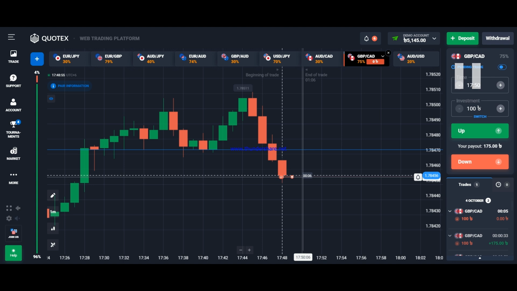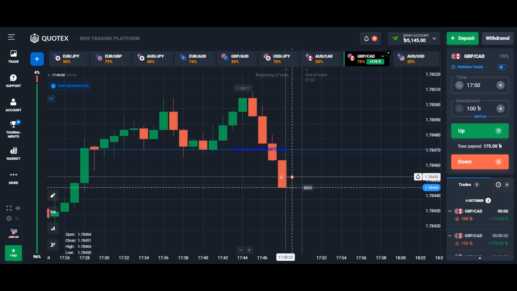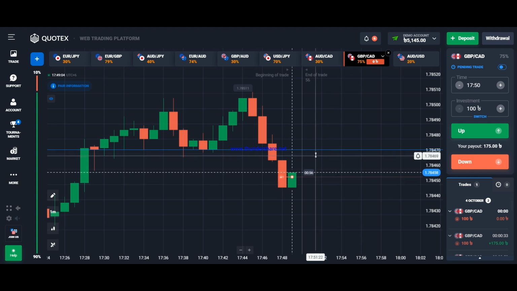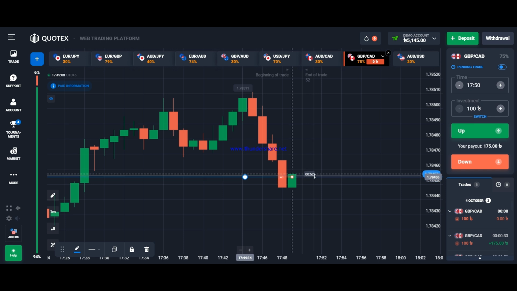So I thought that 55 must be a buyer's point, you can say a level. And sellers at the end of the minute broke 55. So I placed my horizontal line on 55.